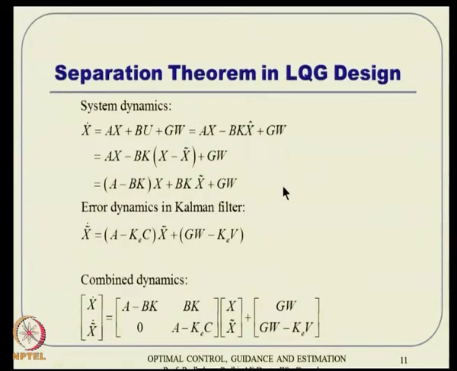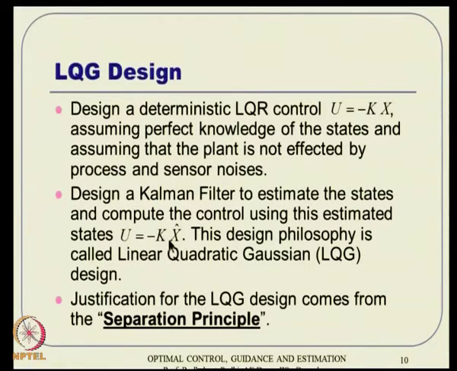Separation theorem can be derived in various ways, but a very quick way is something like this. We have the system dynamics, x dot is A x plus B u plus G w, but remember u is now minus K x hat, right. U is minus K x hat.